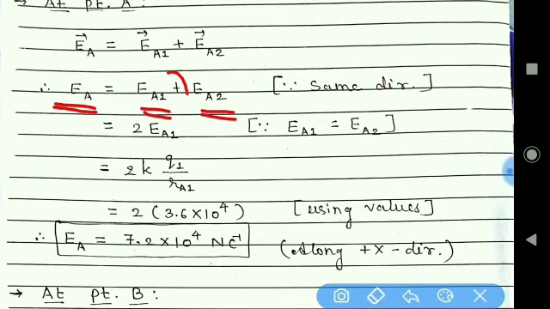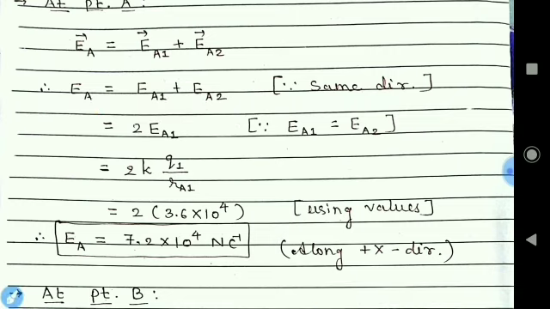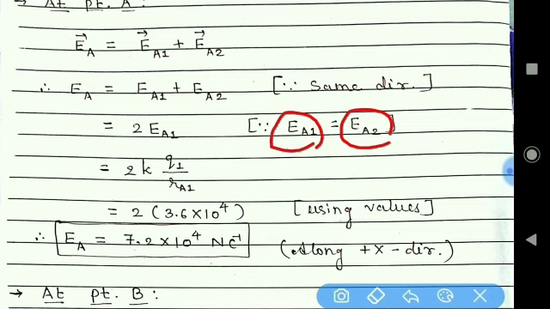Here the plus sign is kept because these electric fields are in same direction. Also, the magnitudes of electric field at point A due to both the charges will be same, will be equal. It is because the distance as well as the magnitude of charge is same from that point A, and so the resultant electric field is twice of EA1.